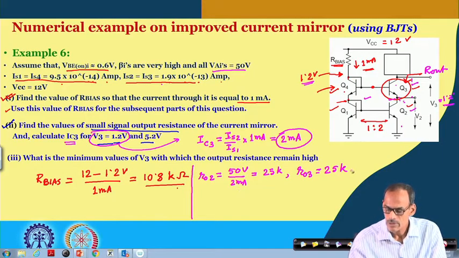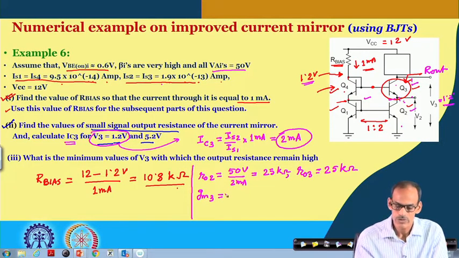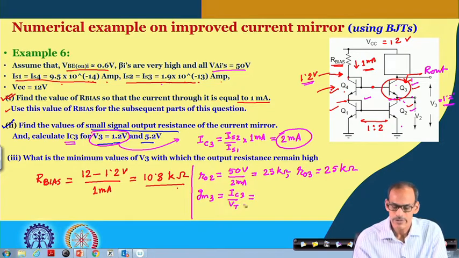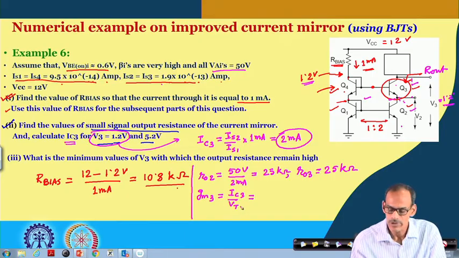On the other hand, gm of transistor 3 is equal to IC by VT, where VT is the thermal equivalent voltage. We can consider this as 26 millivolt. So, we can say this is equal to 1 by 13 mho.